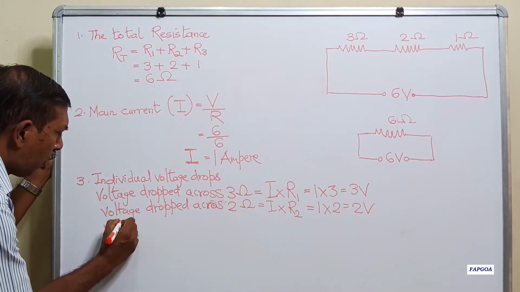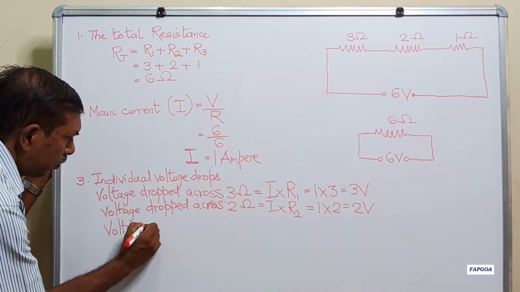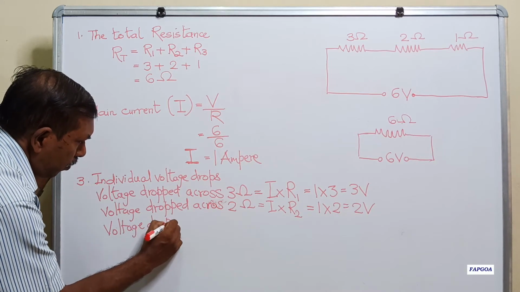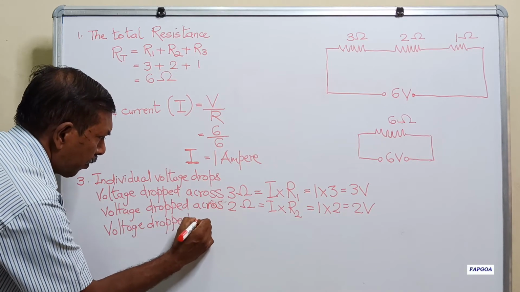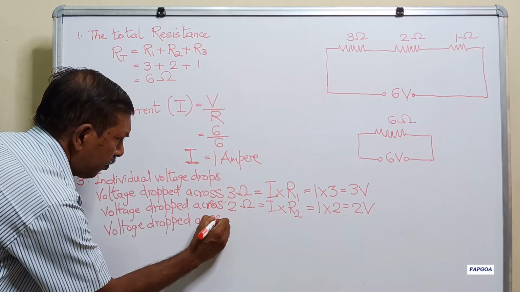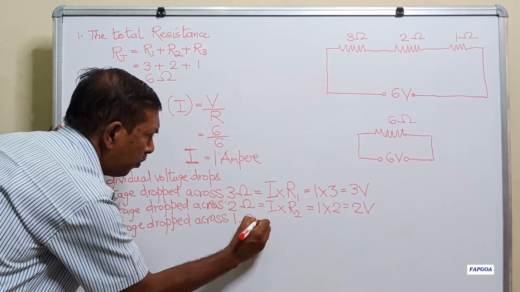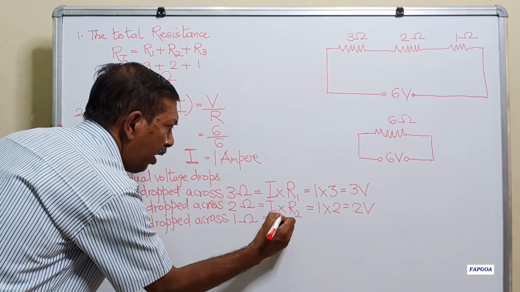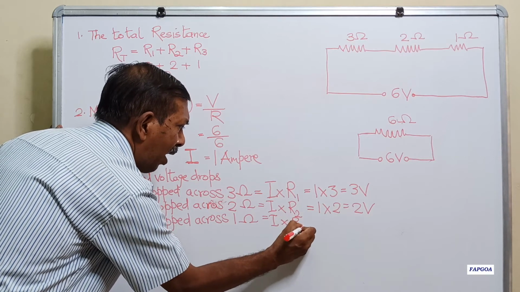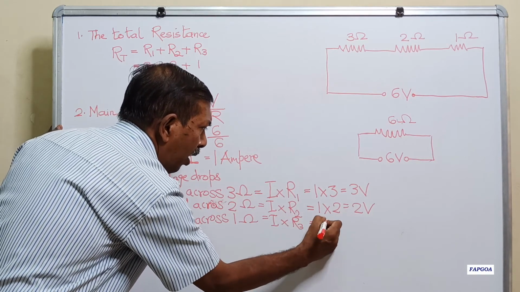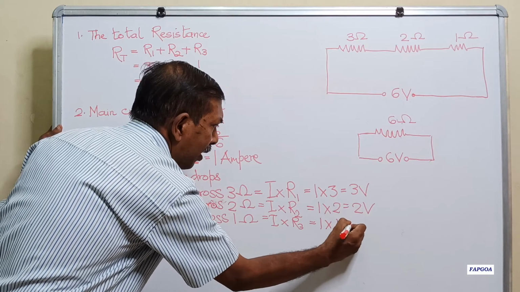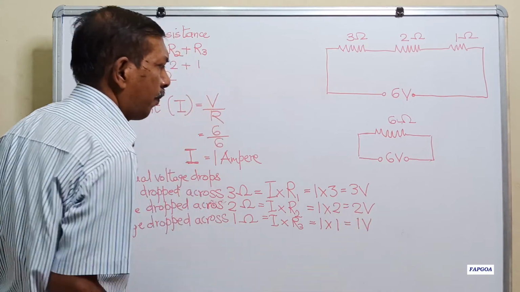Similarly, the voltage drop across 1 ohm is equal to I multiplied by R3, that is 1 into 1, that is 1 volt.